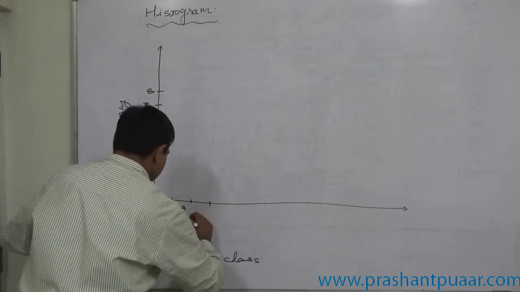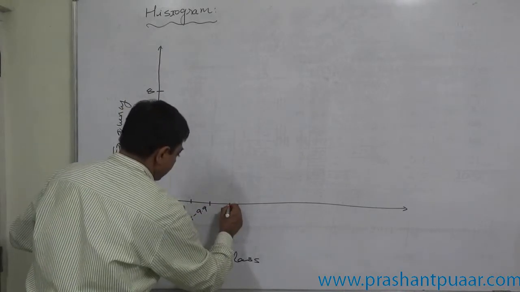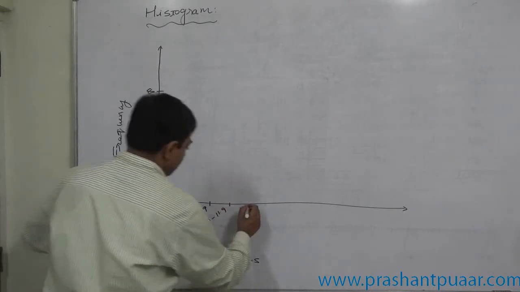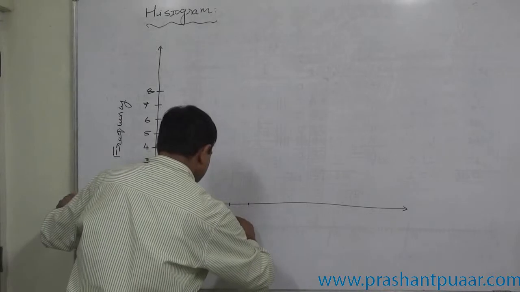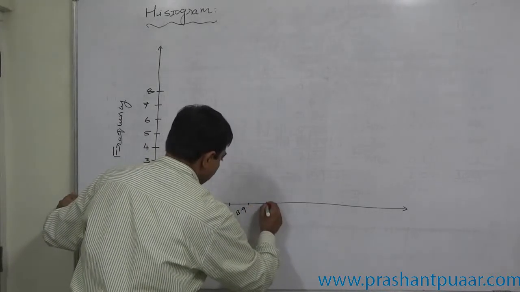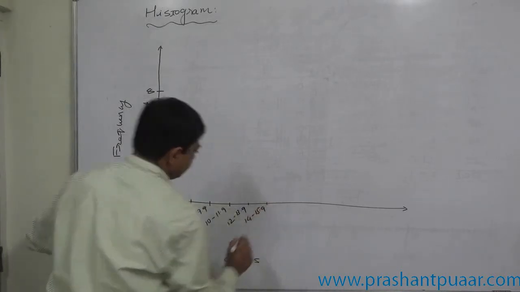The second is 8 to 9.9. Third is 10 to 11.9. Fourth is 12 to 13.9. And the last fifth is 14 to 15.9.